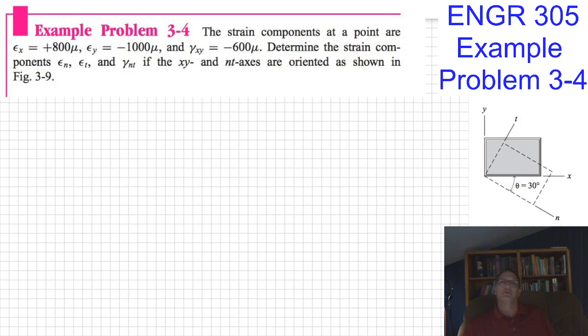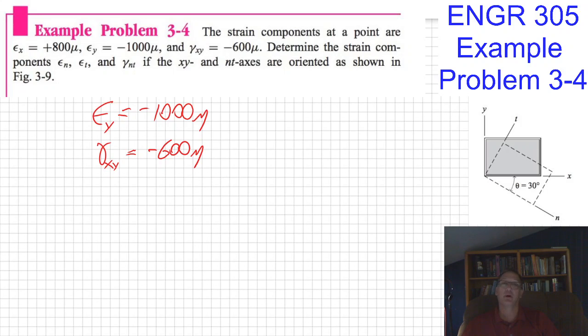The strain components at a point are epsilon x equals 800 micro. We're in the strain chapter. Epsilon y is minus 1,000 micro, and gamma xy, the shear strain, is equal to minus 600 micro.